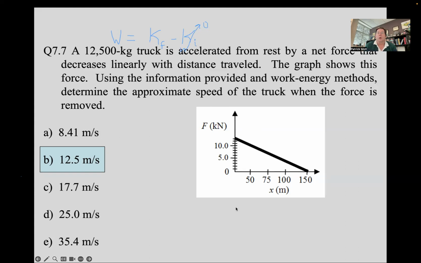All right, so the area under the curve in this case is really simple because it's just a triangle. So I'm trying to calculate the area of a triangle in this force versus distance space. That gives me work. It's going to be a half base times height. Height is 1,300 newtons.